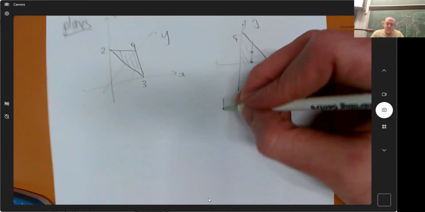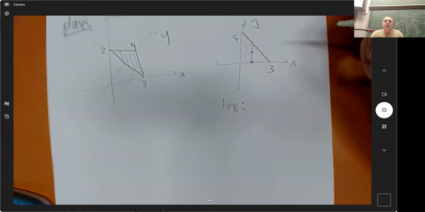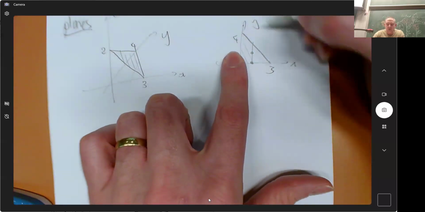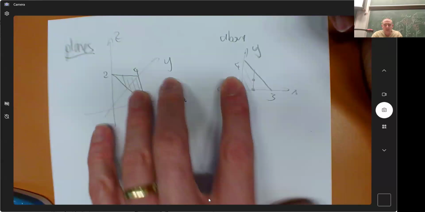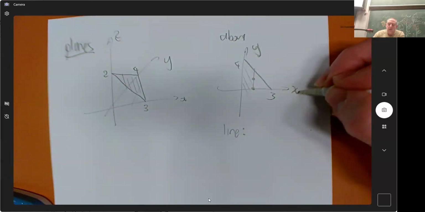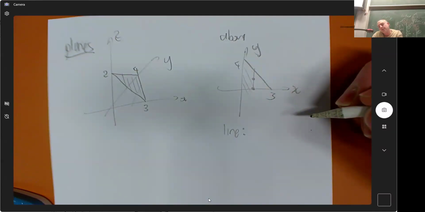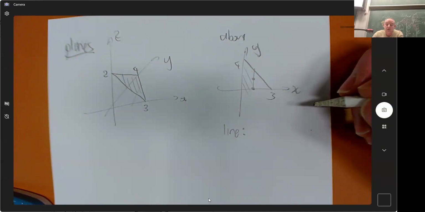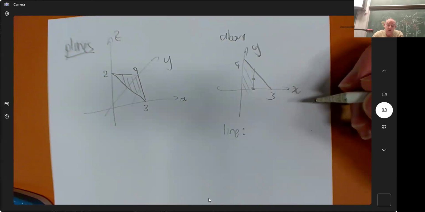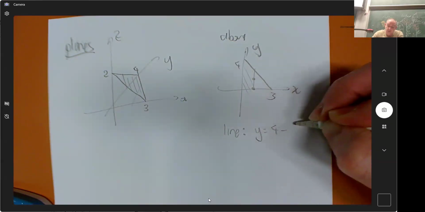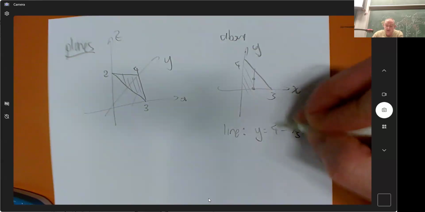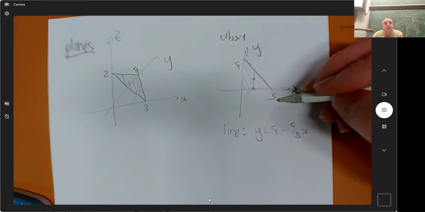So this line here passes through 3 and 4 on the x and y axes. And so I can write it as y equals 4 minus 4/3 of x by using slope if I want. I can go y equals 4 minus, because that's the y-intercept and that's the slope.